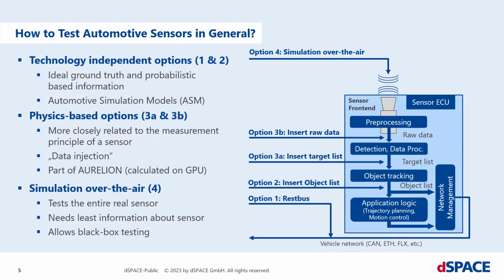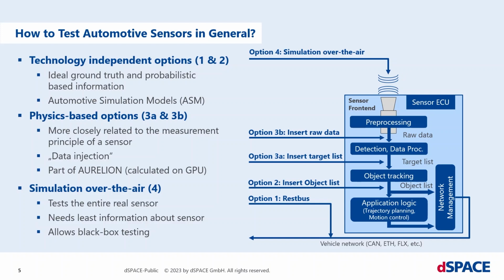The most technology-independent option is to generate object data, which you would expect of a sensor, and inject that immediately into the vehicle network. That is option 1. Or insert it before the application logic inside the sensor, which is option 2. While this is a good way to test ADAS control units, this is of course not testing the sensor itself.